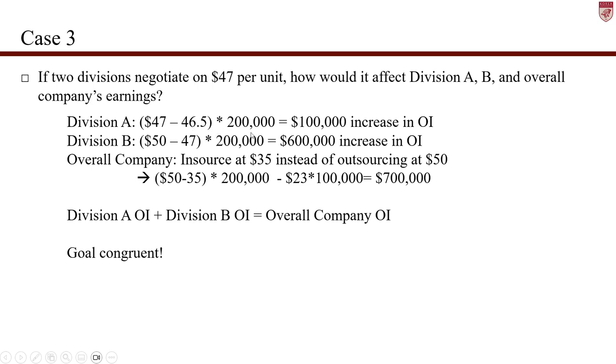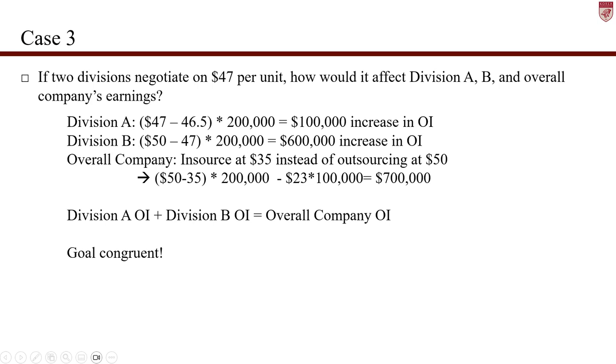Times 200,000 units. So there will be a $100,000 increase in OI. From Division B's perspective, instead of acquiring at 50, now they're acquiring at 47, right? So 50 minus 47 times 200,000 units will be a $600,000 increase in OI.